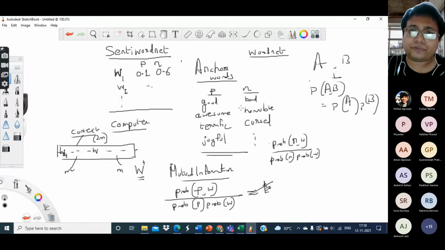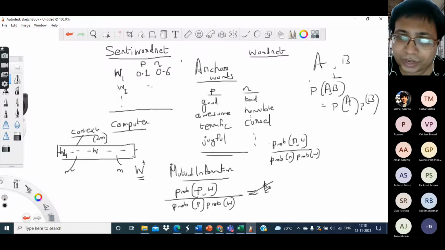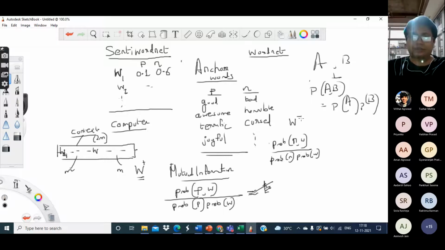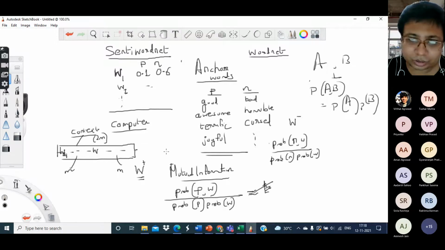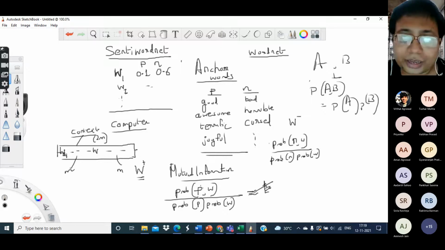On the other hand, if I find that this word W tends to co-occur more in the context of negative words than positive words, in that case we may give it a small negative polarity. Now, what exactly will be the amount of the P score or the N score in this case, that of course depends on which specific algorithm you are using. I am not going into any specific algorithm. I'm just giving the idea.